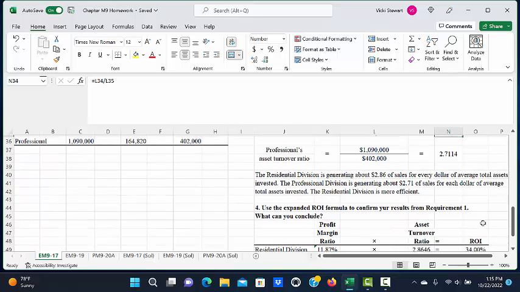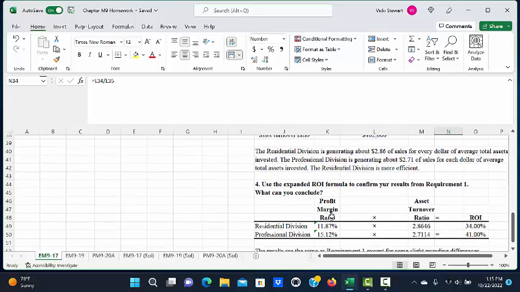In Part 4, it says to use the expanded ROI formula to confirm your results from Requirement 1 and asks what you can conclude. You can also calculate return on investment by multiplying the profit margin ratio by the asset turnover ratio, because both of these ratios have net sales revenue, so they cancel out.